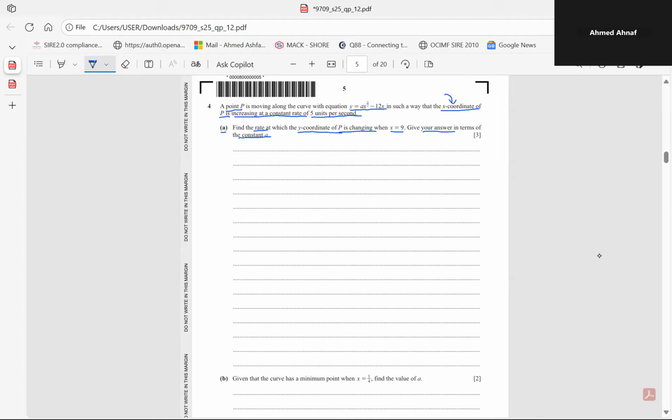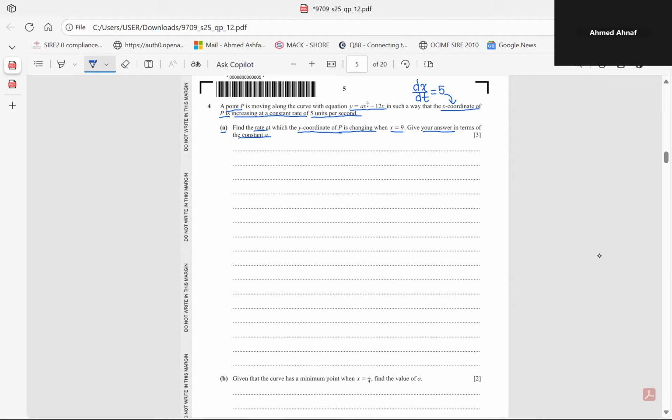So this one we can just rewrite as dx with respect to dt, which is time. That's basically a rate of change of x. And since it's increasing, this would be just positive 5. So dx/dt equals 5, nothing else. And then here, we're going to have to find the rate at which the y-coordinate is changing.